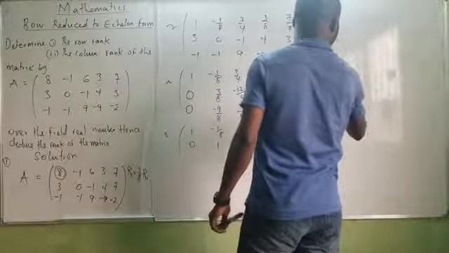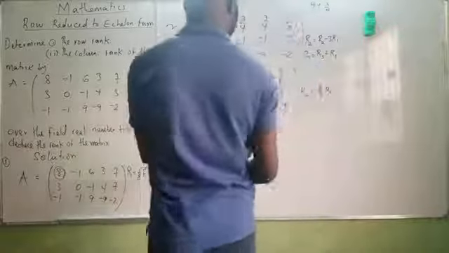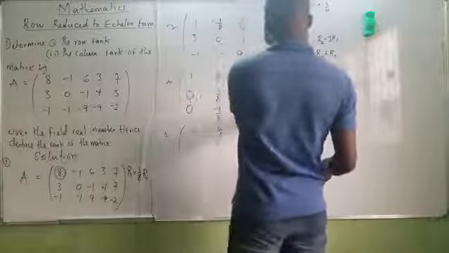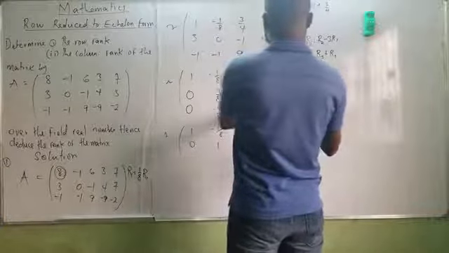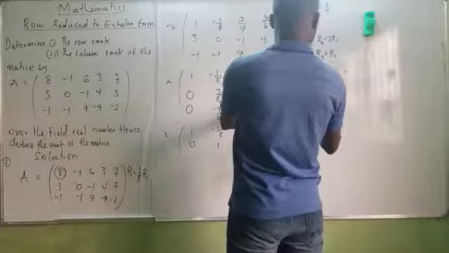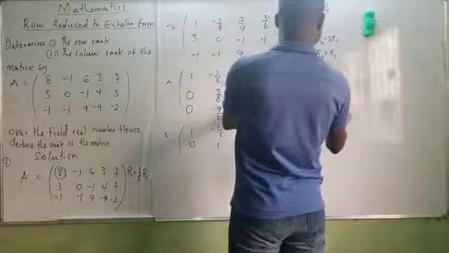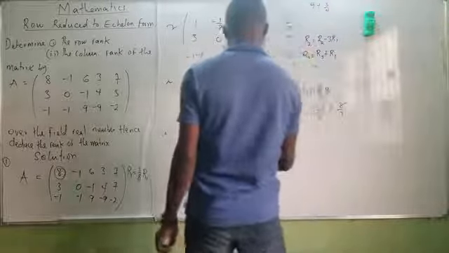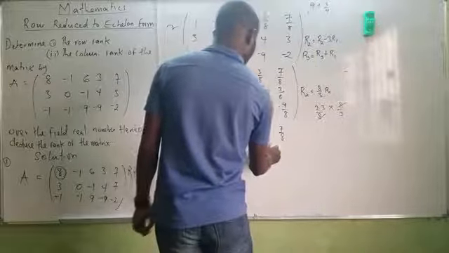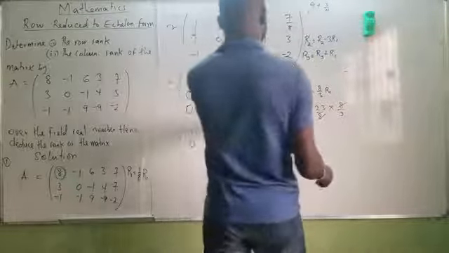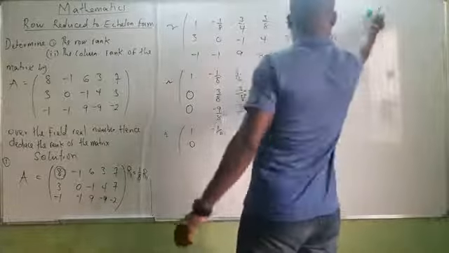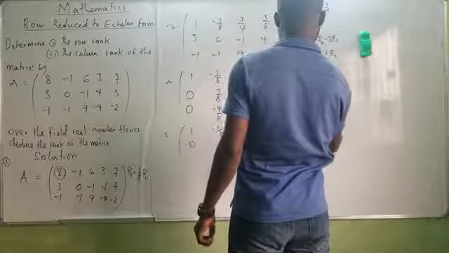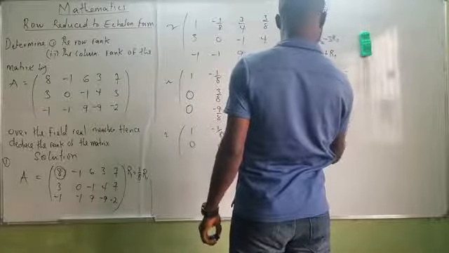Now, the next thing will be equals to, I have this and this, which I'll be having 23 divided by 8 multiplied by 8 all over 23, which will cancel this, which is going to be 23 all over 3. And the next one I'll be having 8 all over 3 multiplied by 3 all over 8, which is going to be 1.